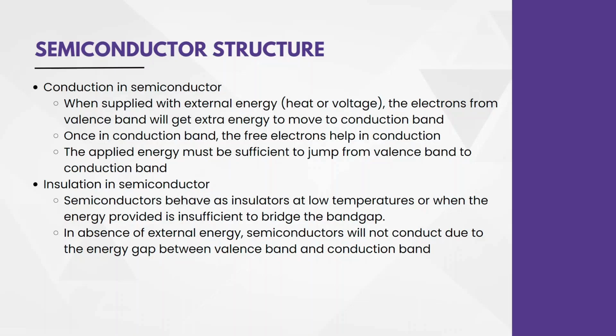So by applying a sufficient amount of electrical or heat energy to a semiconductor material, it will behave as a conductor. In the absence of that external energy, or when that external energy is not sufficient for the electrons to jump from the valence band to the conduction band, the semiconductor behaves as an insulator.